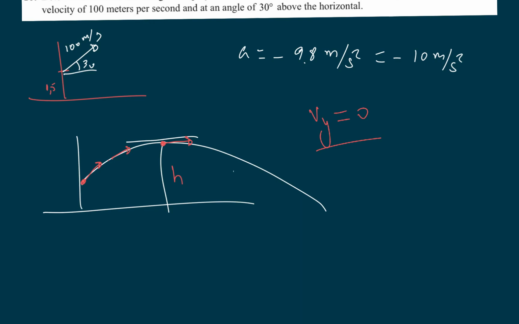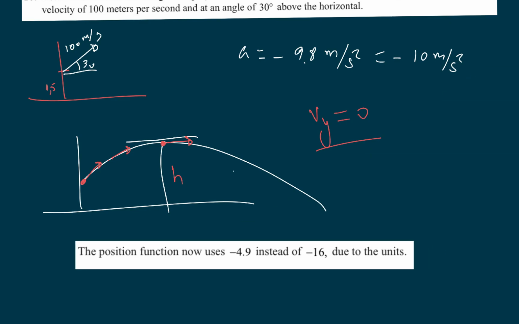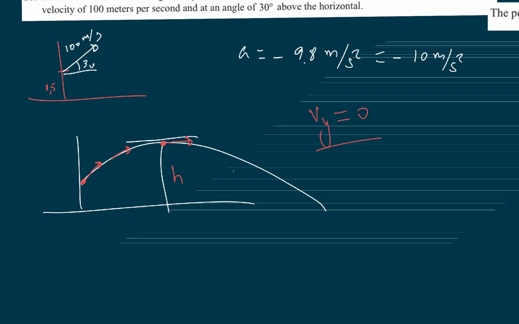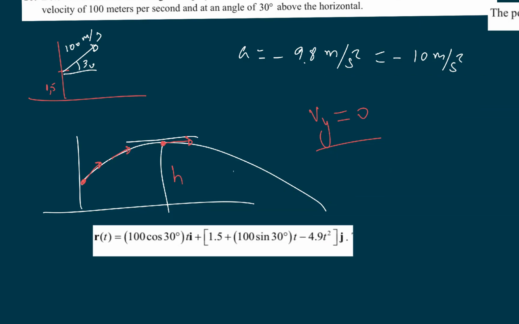So the position vector is, you know, because we have done this problem here. Now we use 9.8 divided by 2, which is 4.9, instead of 16. So the position vector r of t will be x of t i plus y of t j.